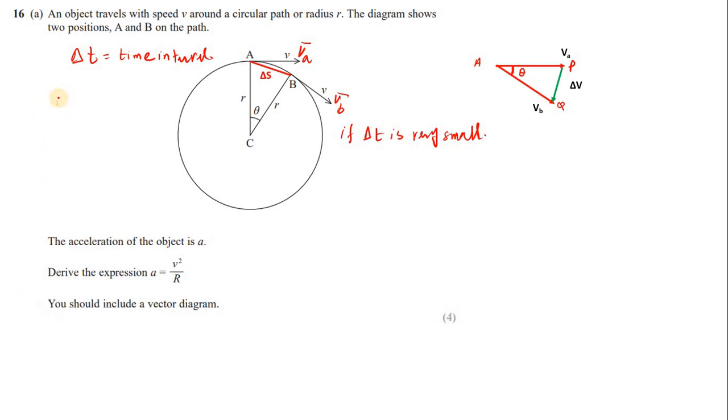This is the CA position, and this is CB. But delta t is small, so CB is quite close, something like this, and even closer than this. In this small interval of time, this angle will be very, very small, and this angle is called delta theta.